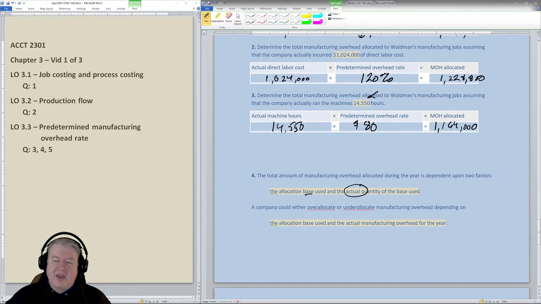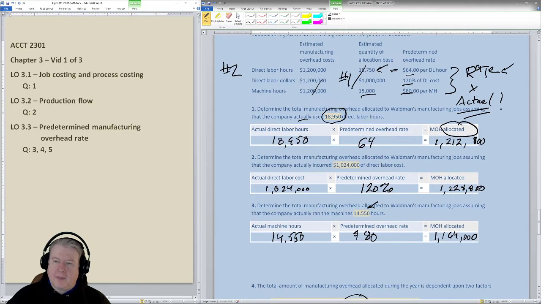The company, and this is a little bit of foreshadowing of the next learning objective, over allocation or under allocation. Well, as you can see, I guessed that this was my best guess for labor hours, $1.2 million. But my allocation was 1.212, right?